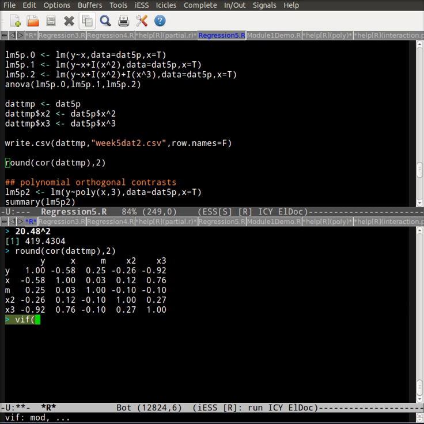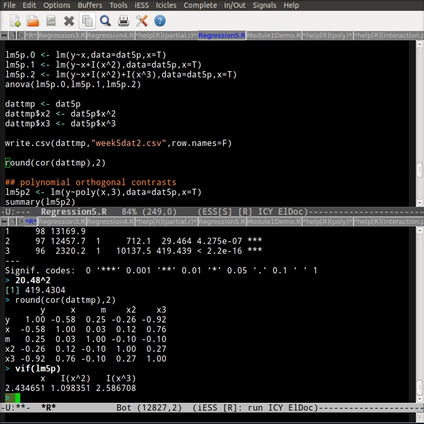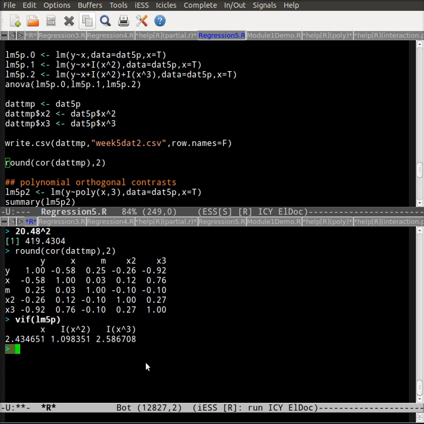And if I do VIF for my LM5P, you'll see that there's fairly high VIF values. And those high VIF values might have influenced the hypothesis tests.